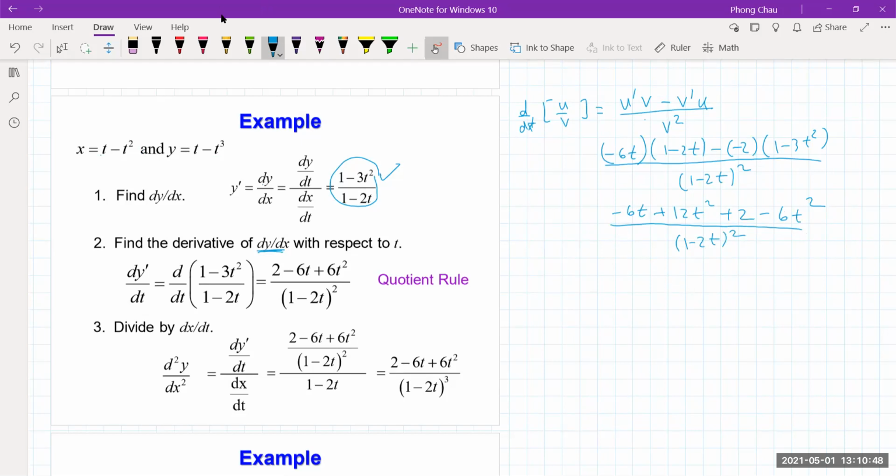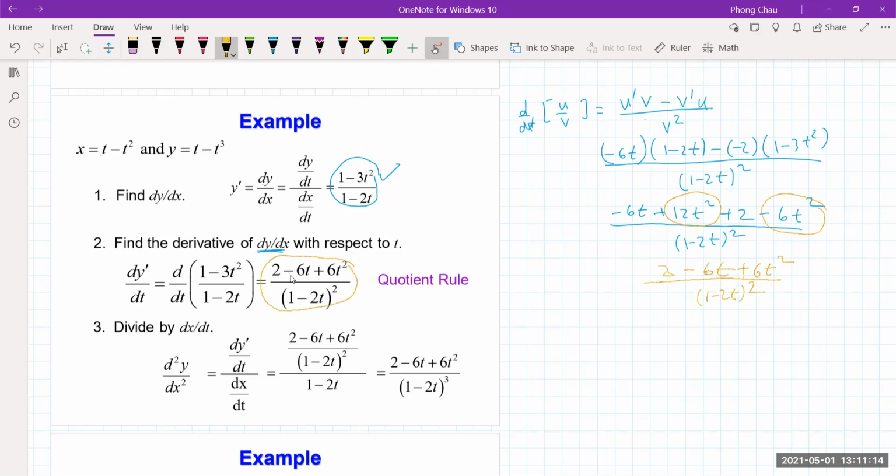And notice that we have two like terms here: 12t squared minus 6t squared. I think we have 6t squared. Then we have the 2, and we have minus 6t, all over 1 minus 2t squared. That's what we got after applying the quotient rule.